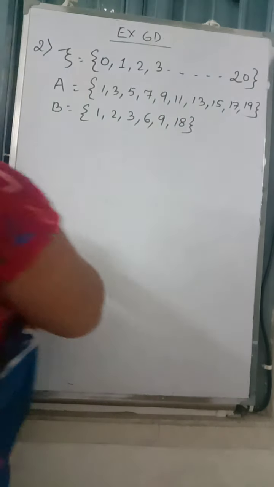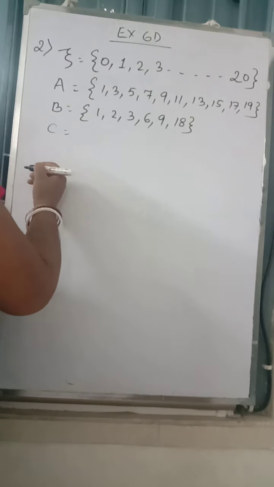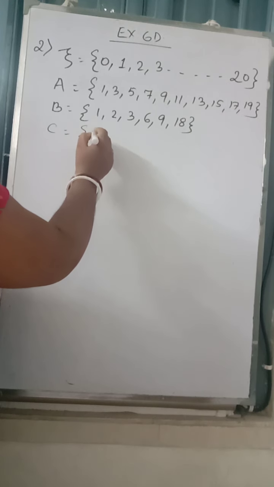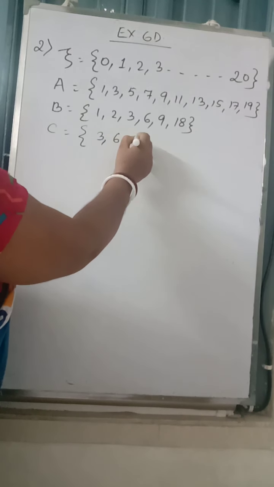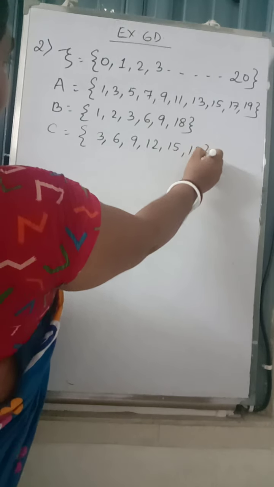These are the factors of 18. Then C is the multiples of 3 less than 20. So what can be the multiples of 3? 3, 6, 9, 12, 15 and 18.